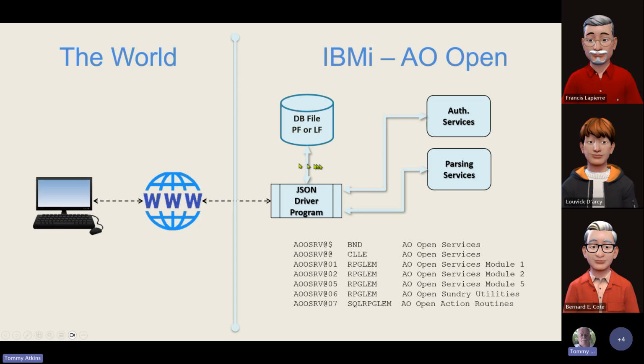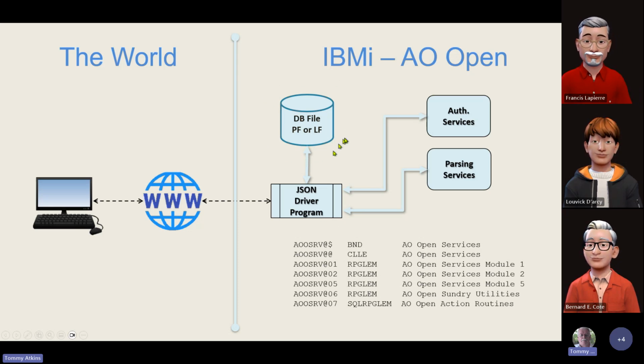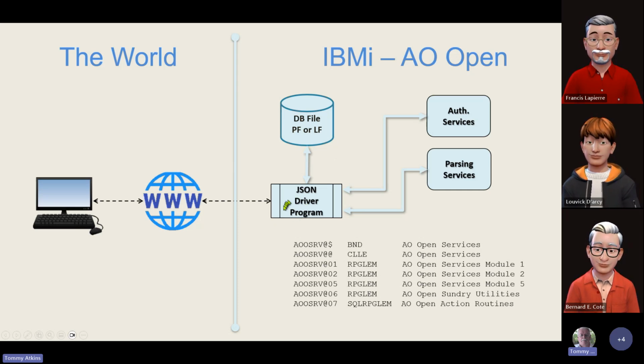These JSON drivers serve a dual purpose. They handle the in and out of the JSON payload, but in addition, they also act as I/O servers for the database file, physical or logical file, that they are based over. That's why we've called them drivers.